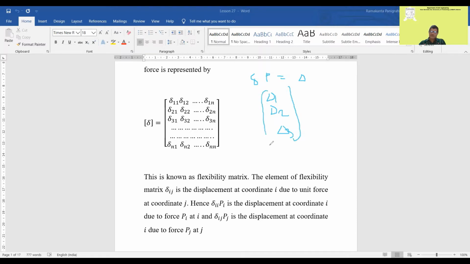And what will your delta be here? Delta 1 1, delta 2 1, delta 3 1. Similarly, delta 1 2, delta 2 2, delta 3 2. Here will be delta 1 3, delta 2 3.